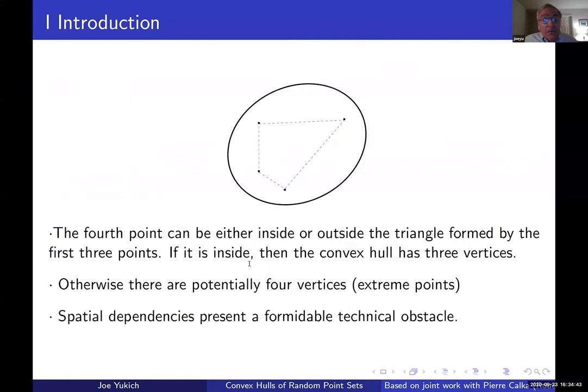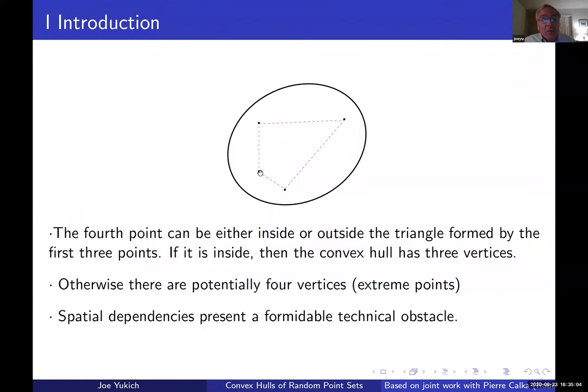Now, the fourth point can be either inside or outside the triangle formed by the first 3 points. And if the fourth point is inside the triangle formed by the first 3 points, then the convex hull obviously has 3 vertices. Otherwise, there are potentially 4 vertices.